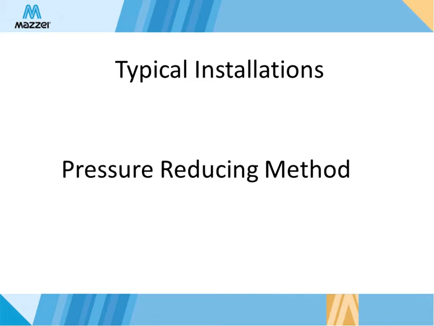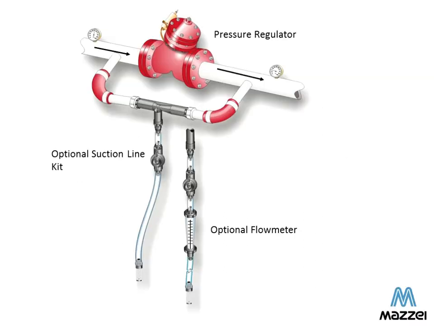So the pressure reducing method looks something like this. This is probably familiar to you. Let me highlight a few things on here. So you have your pressure regulator here. Notice that the upstream side of the pressure regulator on the left-hand side here reads a higher pressure than the downstream side of the pressure regulator.